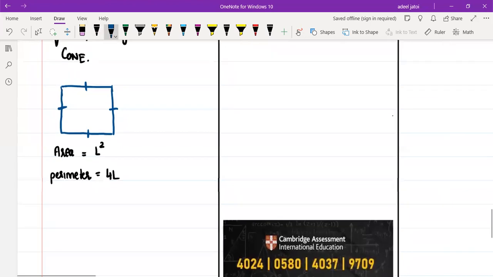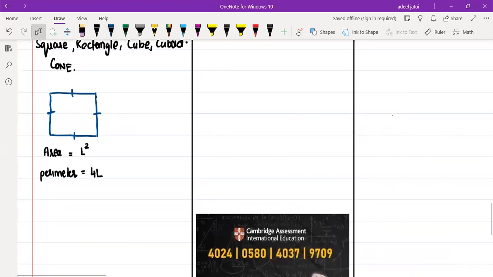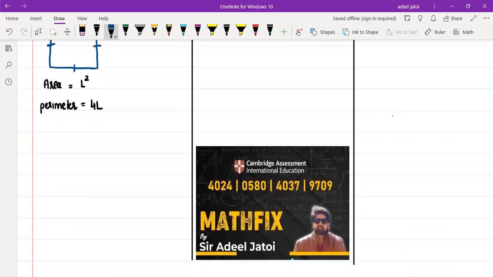Knowing the fact that your cube is the family member of square. Now, cube is basically a 3D shape.